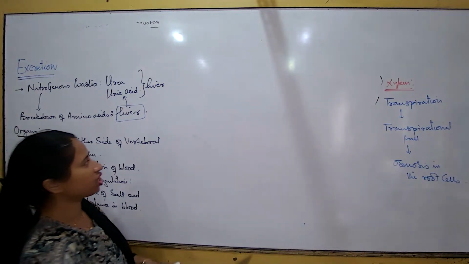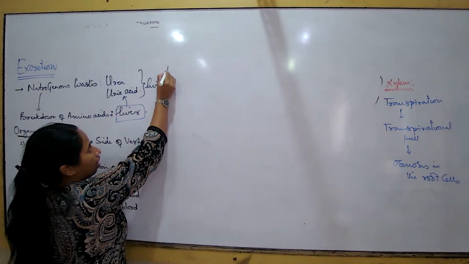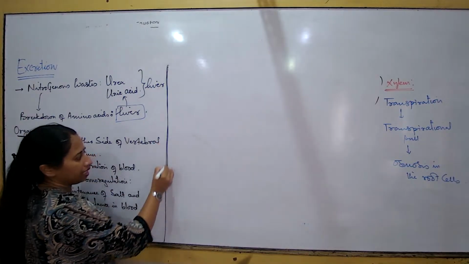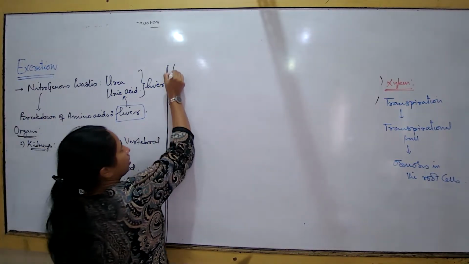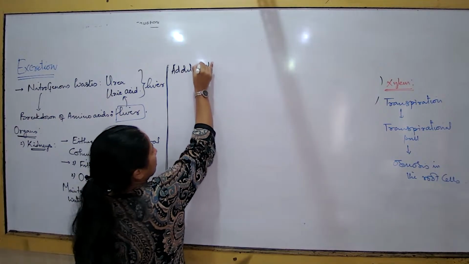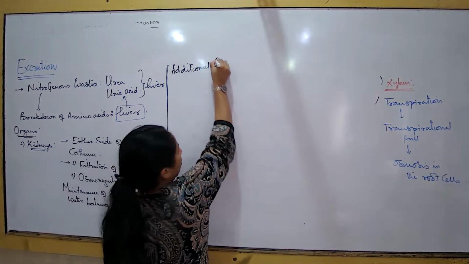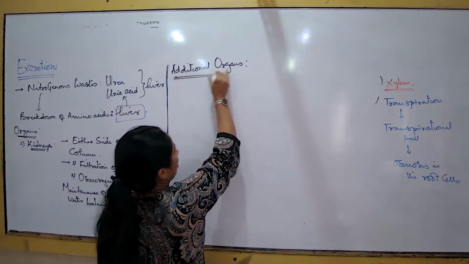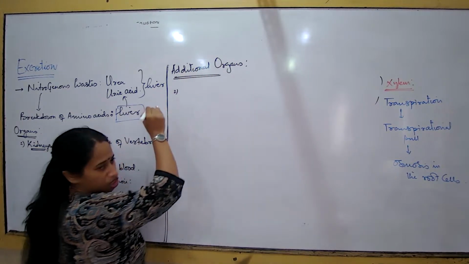Which are those additional excretory organs? Kidney is the vital one, but apart from the kidney, which other parts of the body play an important role in releasing unwanted substances from the body?